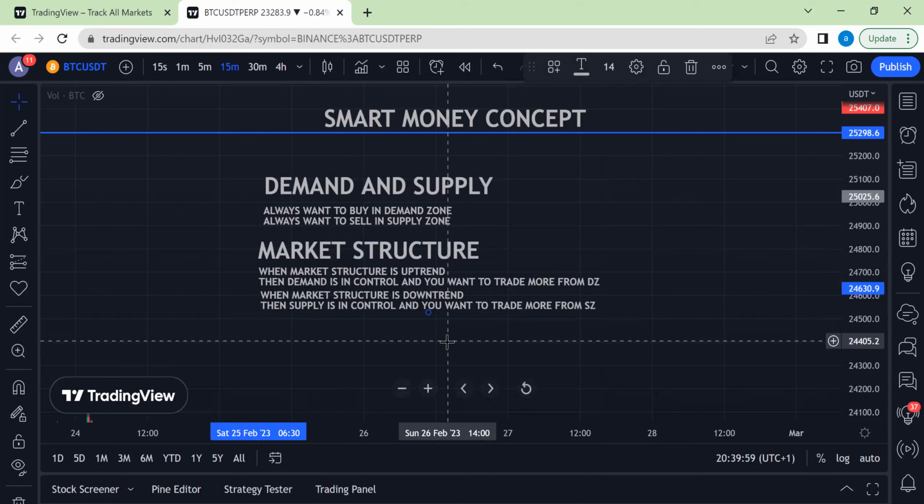If price is on an uptrend and you see price in a demand zone, you know that you have to buy. Or if price is on an uptrend and you see price in a supply zone, you know you are not supposed to sell. Even if you are to sell, it's just going to be a very short-time trade. You will not target large profit, just little profit and you're out. So that is it.